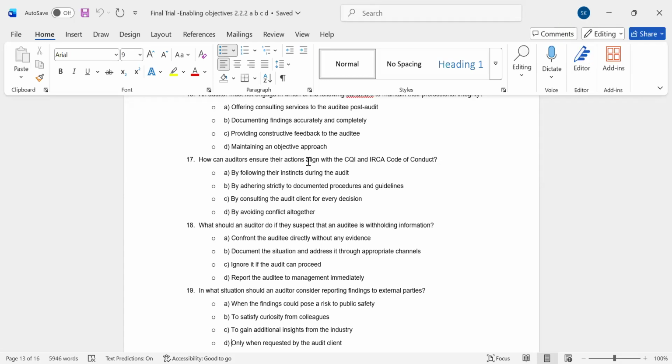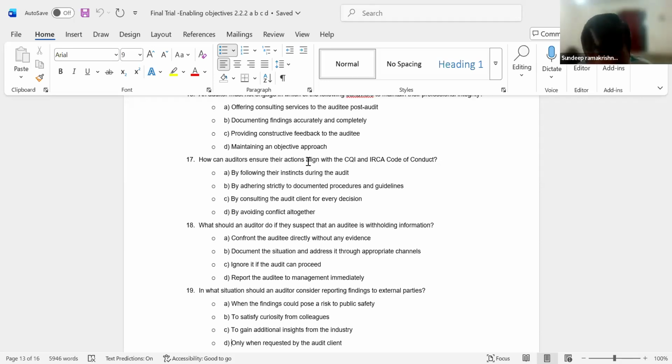So then C in that case. Because a doubt cannot be documented also. B is also not applicable for this case. Confront the auditee directly without any evidence, this is also not possible. Without evidence, we cannot talk to the auditee.